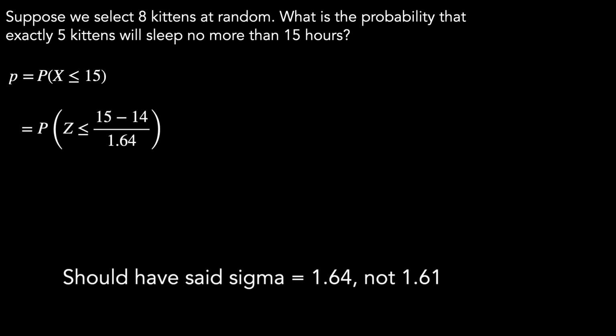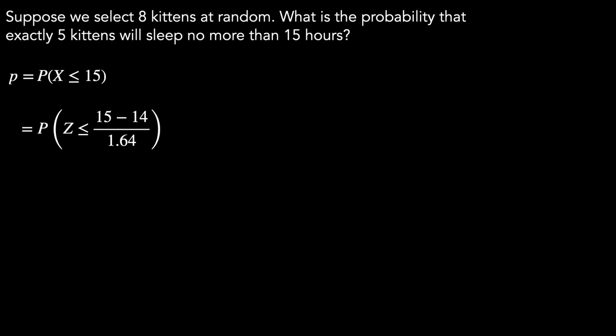So we need to convert to the standard normal. We do Z of 15, which is our X, minus 14, which is our mu, divided by 1.61, which is our sigma, and we get the probability that Z is less than or equal to 0.61. Now we're given the little z value, and we want to figure out the probability.